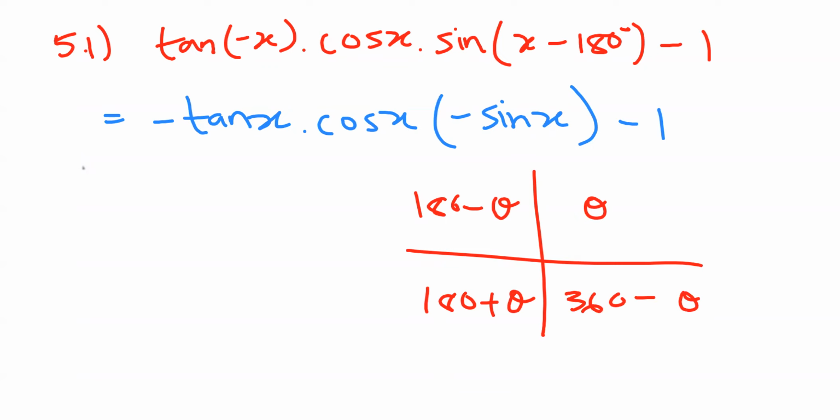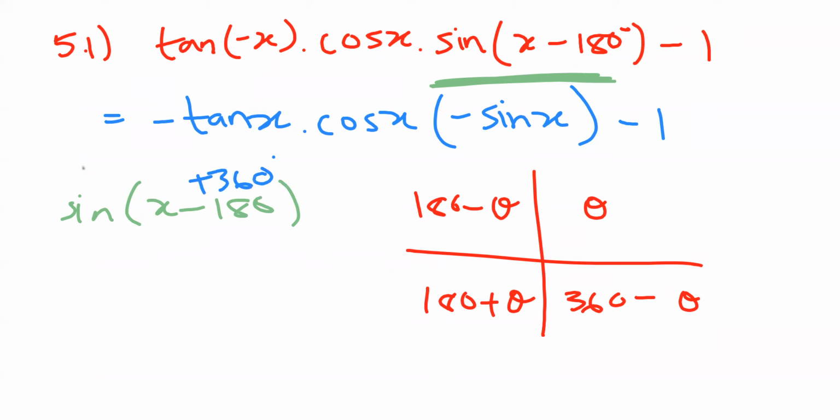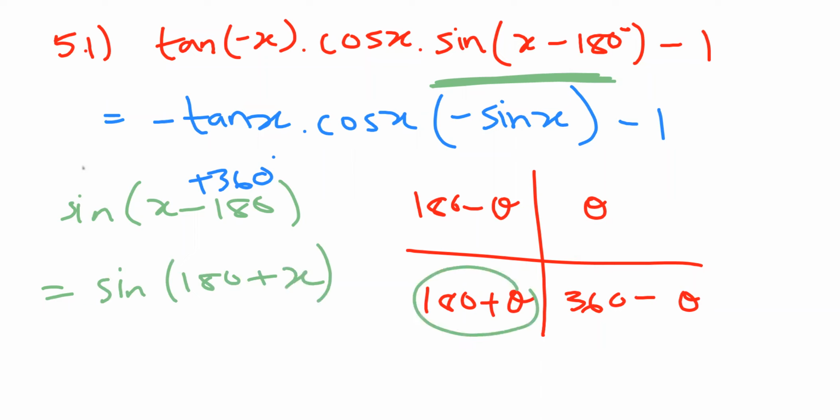For this question, where we had sine of x minus 180, you can add 360 to that, which will then make it positive 180. Now, because it's positive, you can swap it out. So then you can say 180 plus x. And that is now the third quadrant where sine is negative. So sine is negative in this quadrant. So negative sine x.